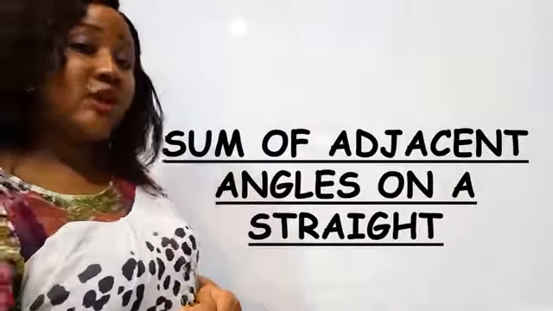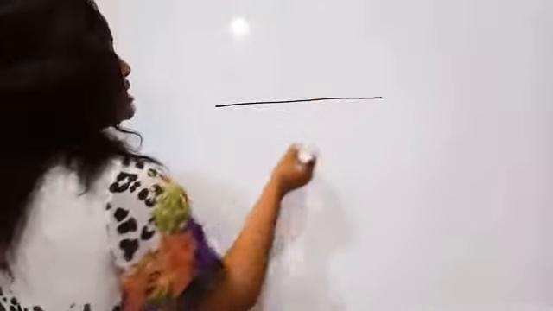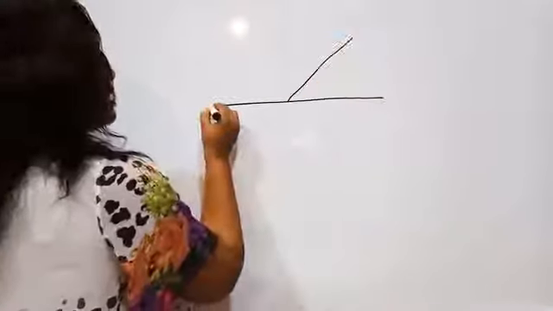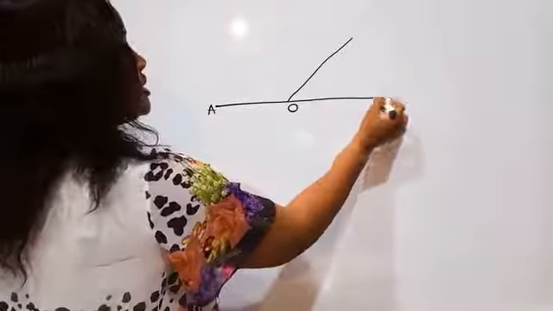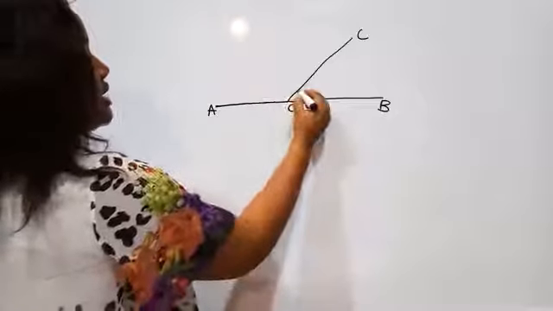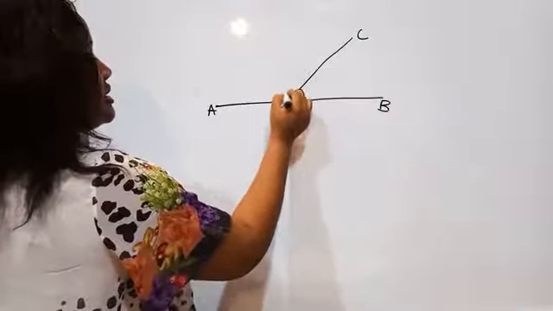So let's look at the sum of adjacent angles on a straight line. Given a straight line like this, and you have a line like this, let's call this A, O, B, C. Now there are two angles here. You have this and this.